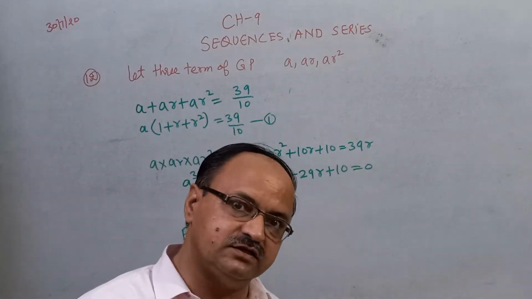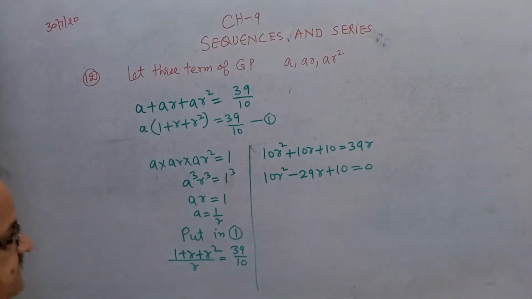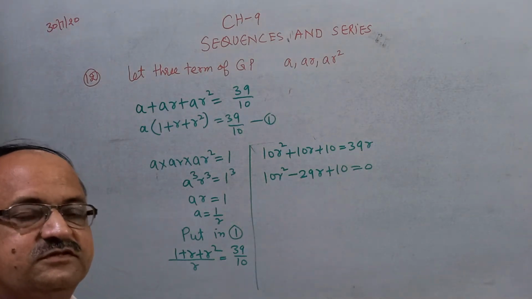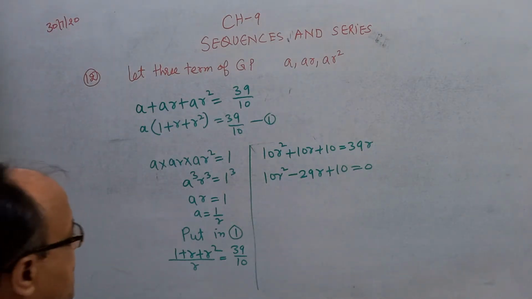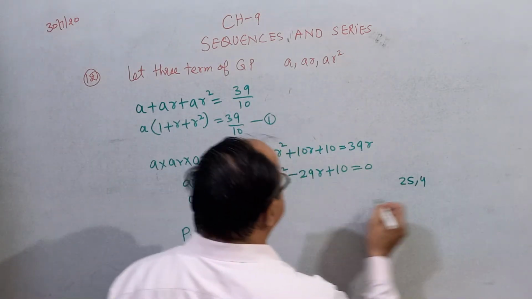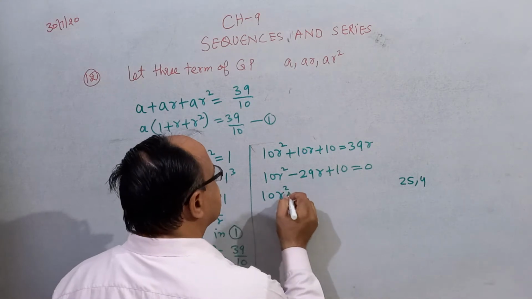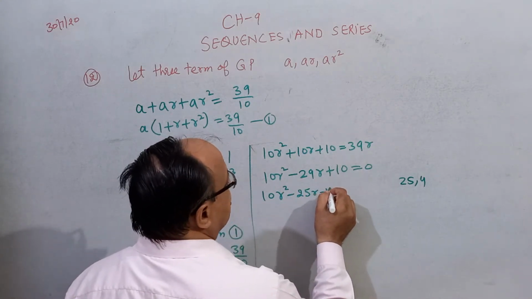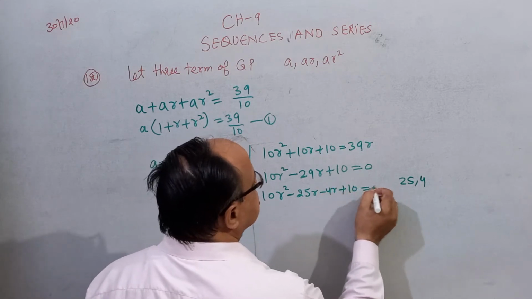Now can you tell? Think. Who can tell? Okay. Yes, 25 and 4. That is 10R square minus 25R minus 4R plus 10.